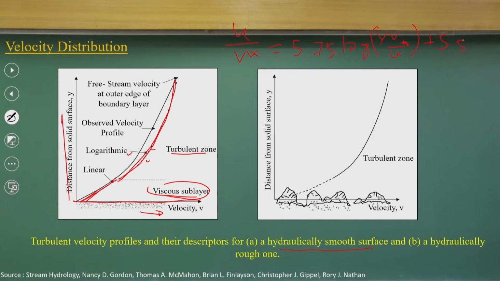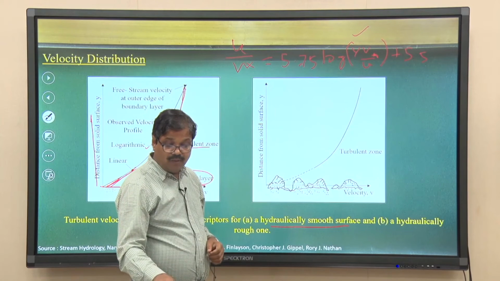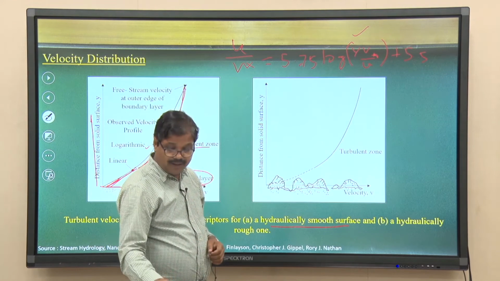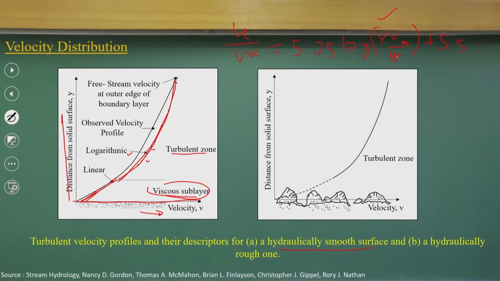So, this is the velocity distribution equation. It is a logarithmic velocity distribution in terms of y V star by the kinematic viscosity, so we can find u, the velocity at distance y, as a function of a logarithmic function.